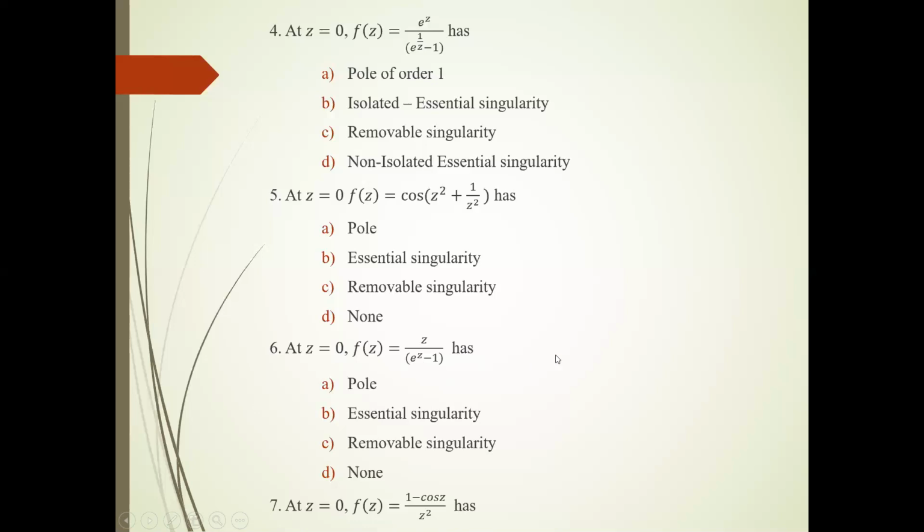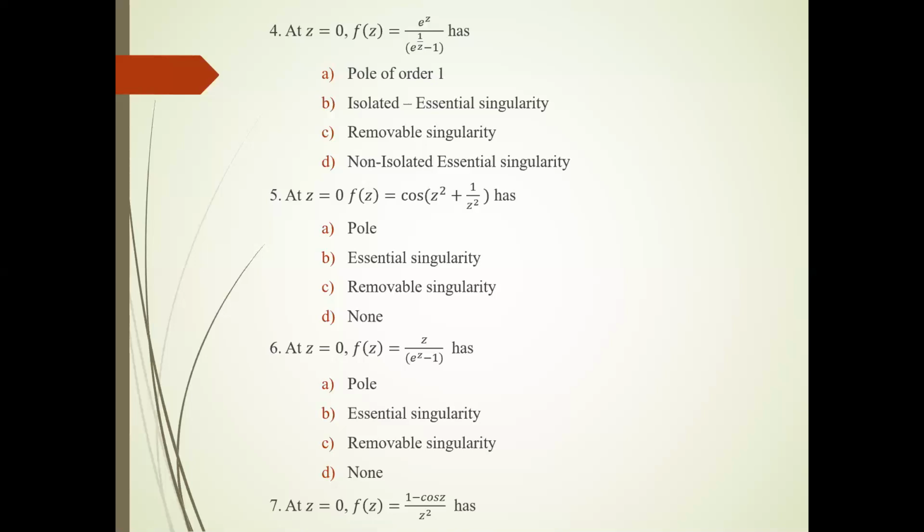Apply the limit as z tends to 0 of f(z), which is the limit as z tends to 0 of z upon e raised to z minus 1. What do we get? 0 by 0, which is an indeterminate form. Apply L'Hospital rule. Take the derivative of the numerator: the derivative of z is 1, upon e raised to z. Again apply the limit as z tends to 0 of 1 upon e raised to z. What do we get? 1 is the limit.